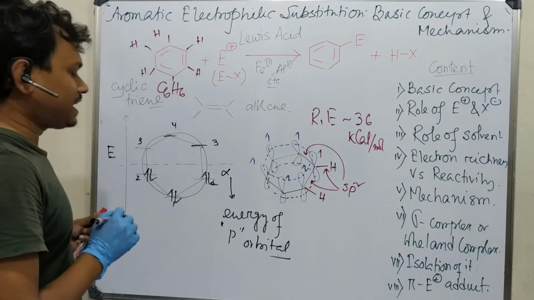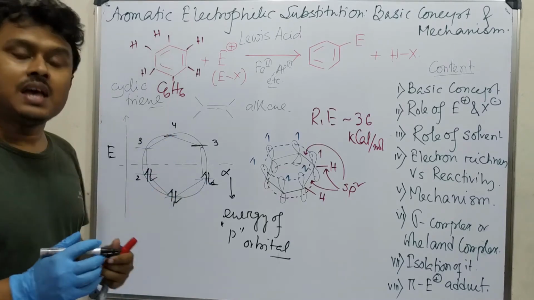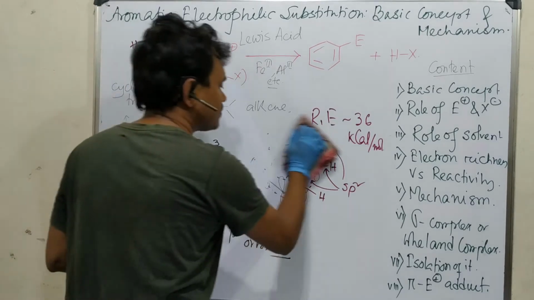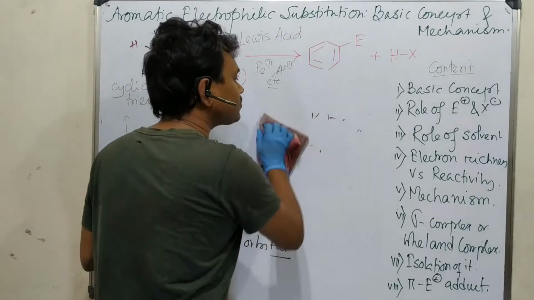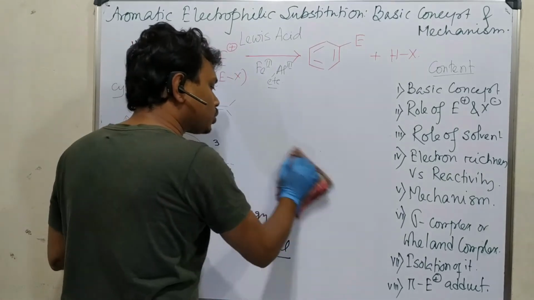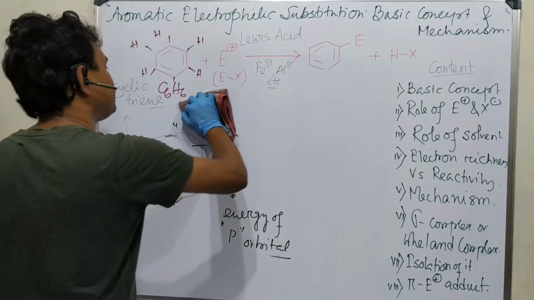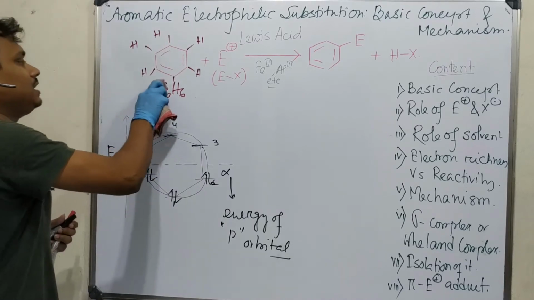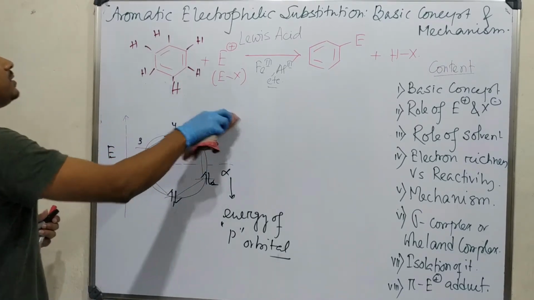So if any reaction happens, any electrophilic reaction, what does the word electrophilic mean? Philic means loving, and electrophilic means electron loving.